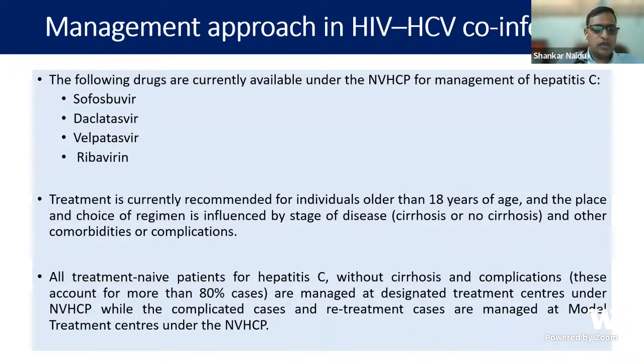All treatment-naive patients with hepatitis C without cirrhosis and complications, which form a major chunk of the chronic hepatitis C patients, are managed at the designated treatment centers. While complicated cases and patients who have already failed initial therapy are to be managed at the model treatment centers under the national program.